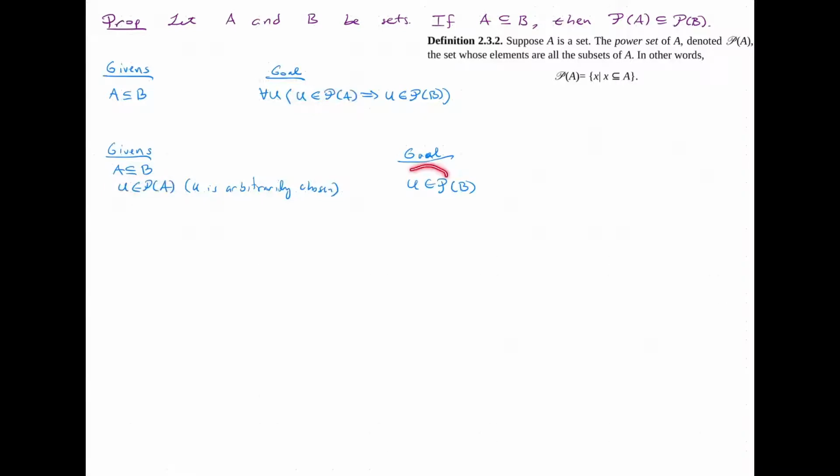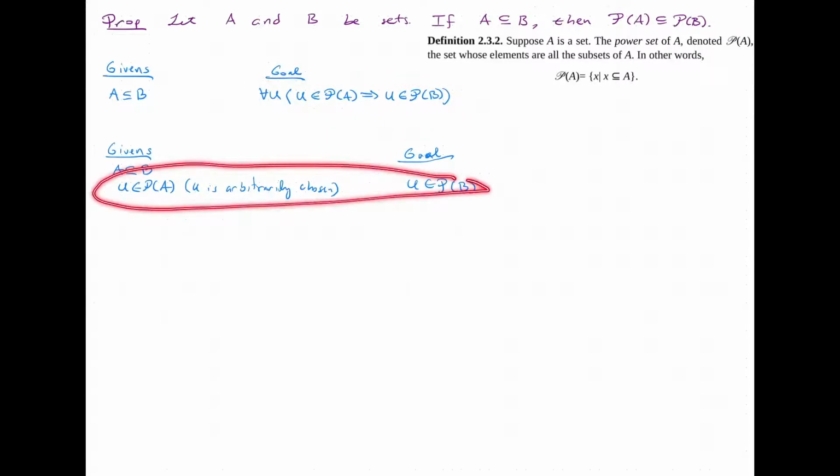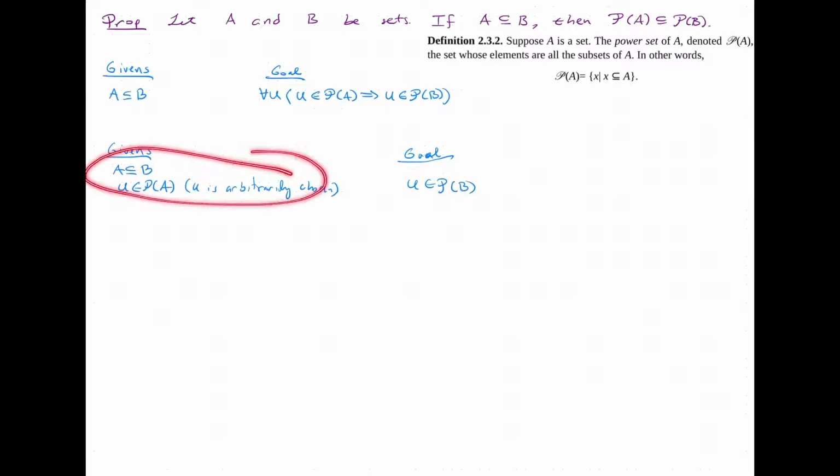If we show that then U is in the power set of B, then the statement will hold true and we are done. And because we chose U arbitrarily, we also show in the process that this works for every single U in the power set of A, and that will show the claim. And so our goal is to assume this and show that U is in the power set of B.